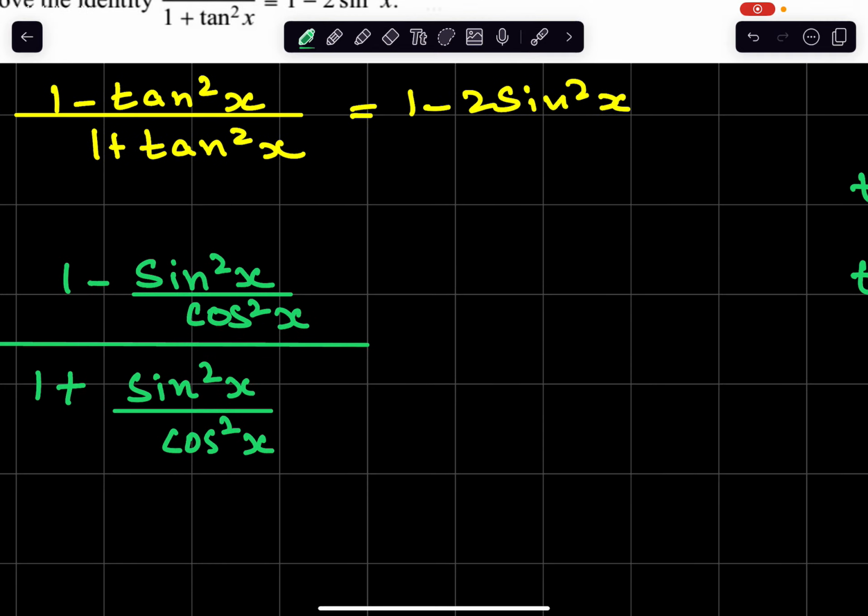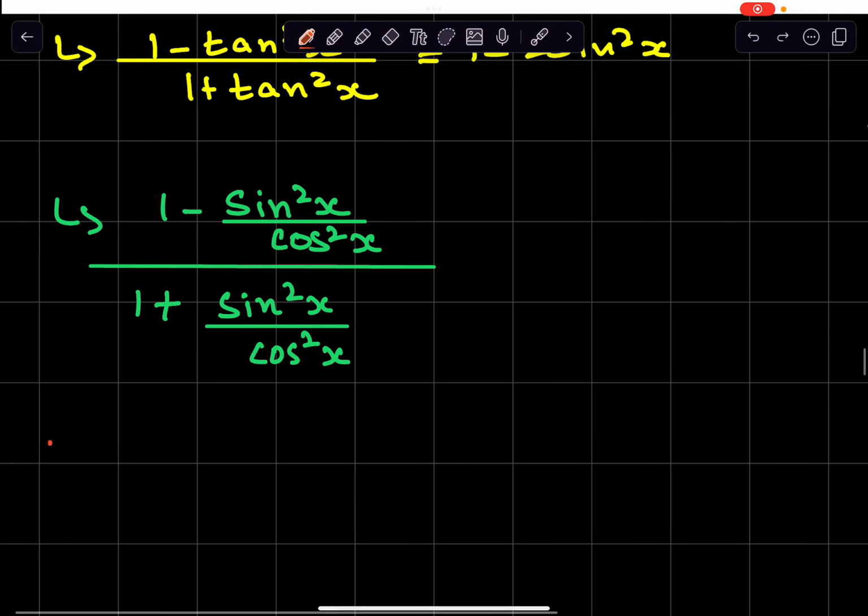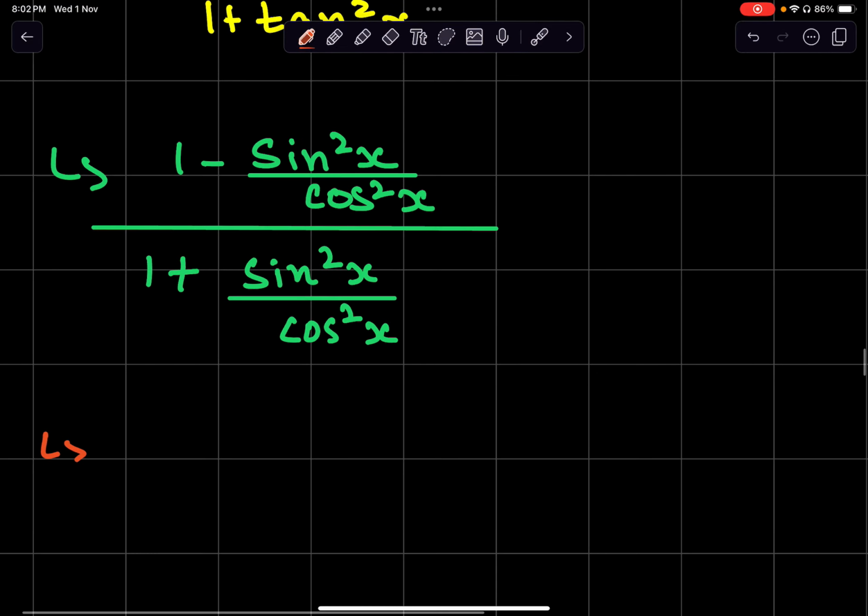So what are we going to do? We are going to deal with the upper portion and the lower portion individually. That will actually make our question a little more comprehensible and easier. So I'm going to do the upper portion with the orange color. So be attentive and look at this very clearly. So 1 minus sine square x upon cos square x, when we are given like this, we are going to take the common denominator.